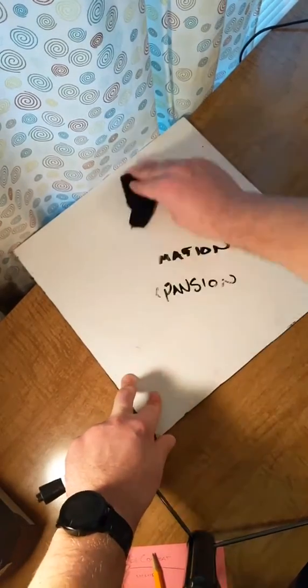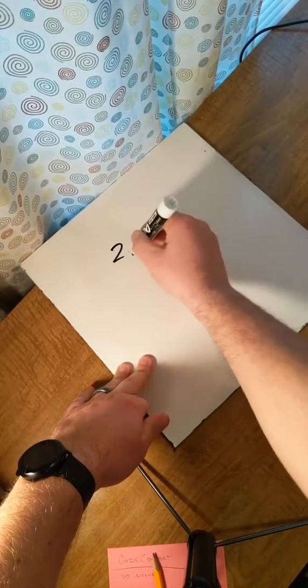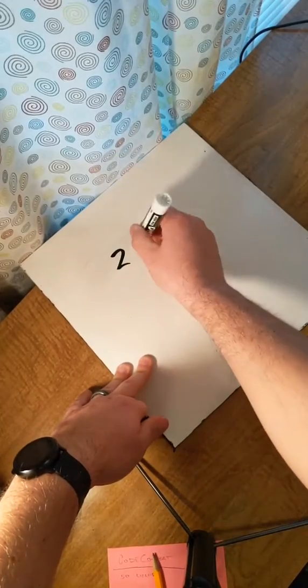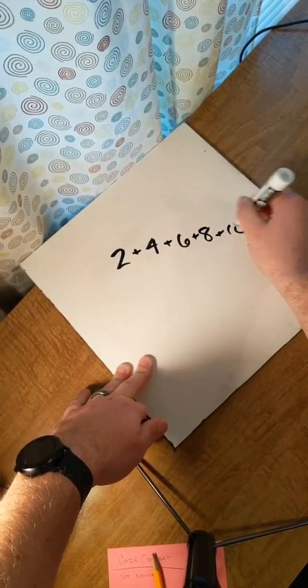Okay. So what is a summation? A summation is a way that we can write out a pattern. It actually has to be addition to be a summation, like 2 plus 4 plus 6 plus 8 plus 10.